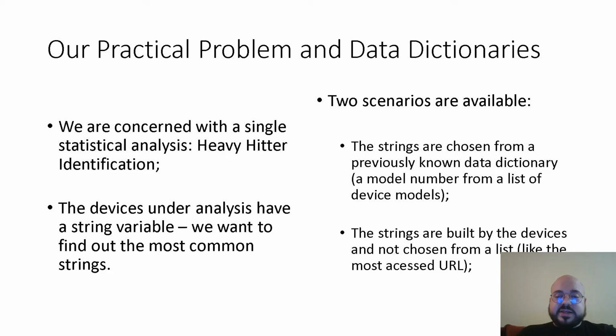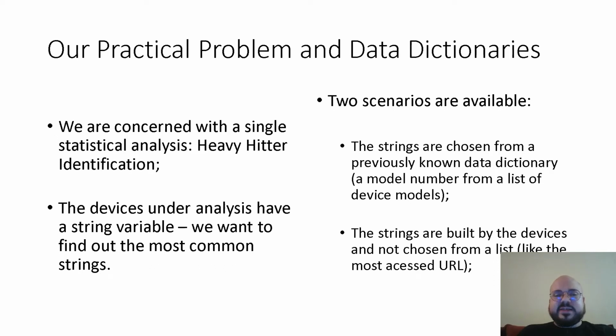Two scenarios are available. Let's think of, for example, model numbers. We have here on our backend a dictionary of model numbers. So we know that when a device reports a model number, it's a model number that is present in our data dictionary. This is not always true.